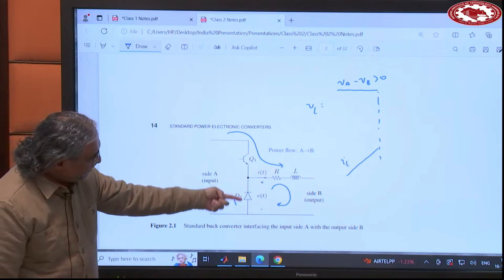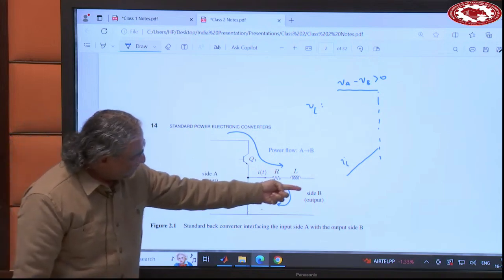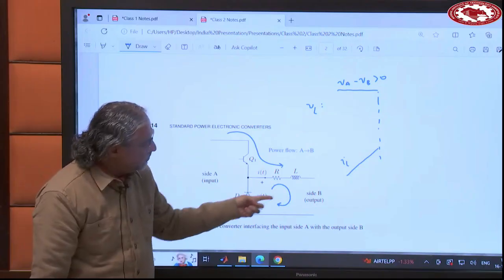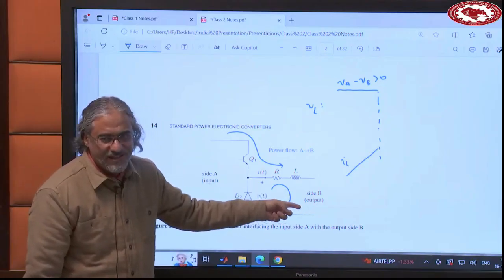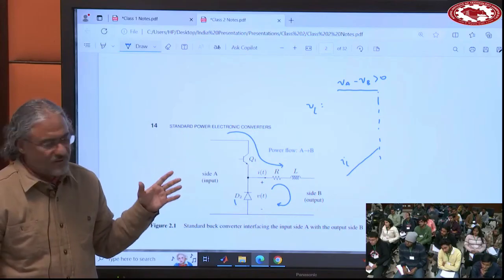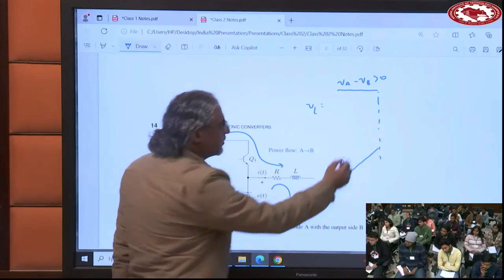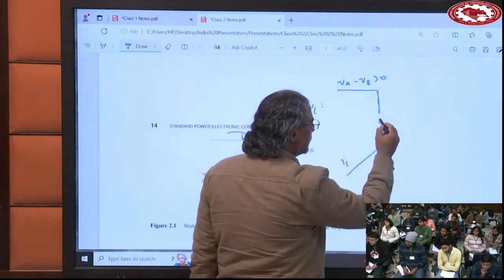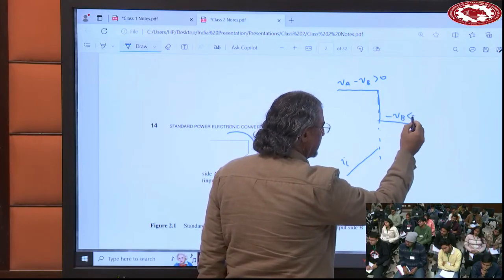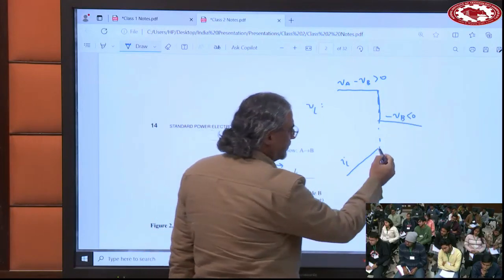So this voltage becomes 0, and this is VB. So the voltage across the inductor becomes 0 minus VB. And if VB is positive, that becomes negative. So the current will go down. So here, let's say you go to negative VB. So the current will go down.